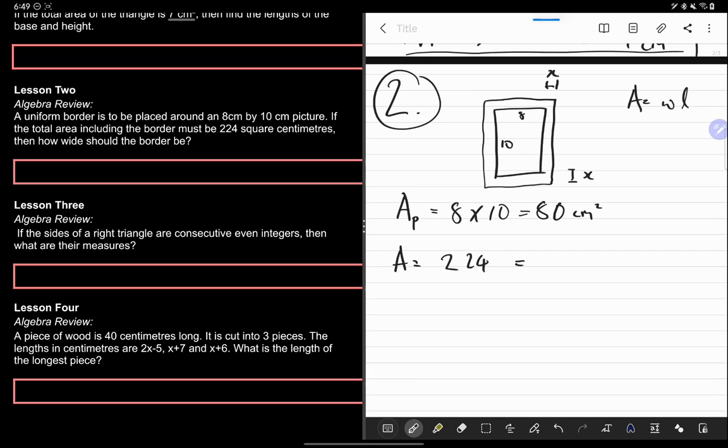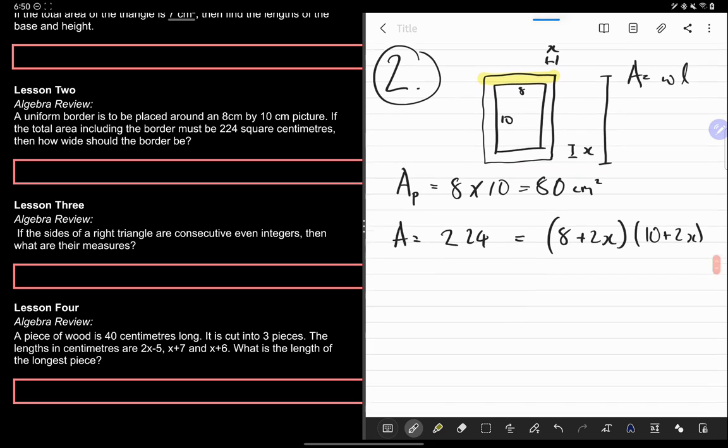We say that inner bracket 8 plus 2x would be this length here. It's 2x because there's an x here and there's also an x here, right? And that would give me that full length. The full length here would be, so that bracket times 10 plus 2x. Right, just the same. Okay, let's expand.